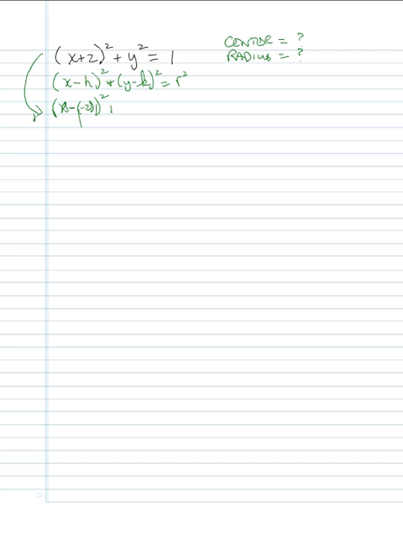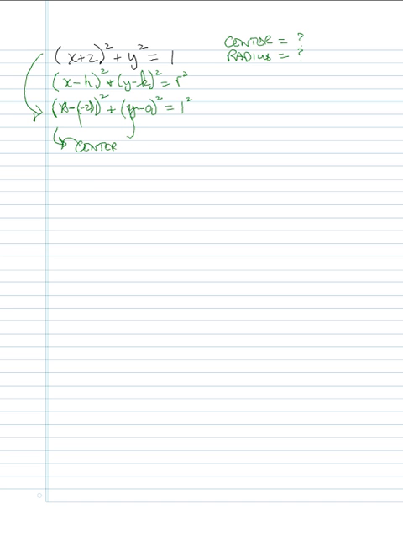Now, we also need plus a y subtract, but we only have a y squared. Well, if we subtract a 0 from y, that's the same as y. And then we need to figure out what we have to square to get 1, because r squared is 1. Well, 1 and 1 squared are the same. So once we've written it in this form, then we can read the center.